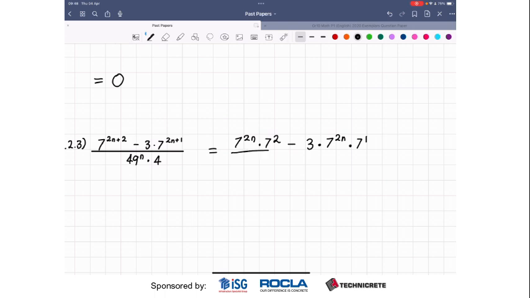Then in the numerator, I can see that I've got 49. And I can tell by having all these 7s at the top that I'm going to end up wanting to cancel things out or wanting to have the same bases so that I can use my exponent laws. So that means that I should definitely rewrite 49 to make the base look like 7. So I know that 49 is equal to 7 squared.